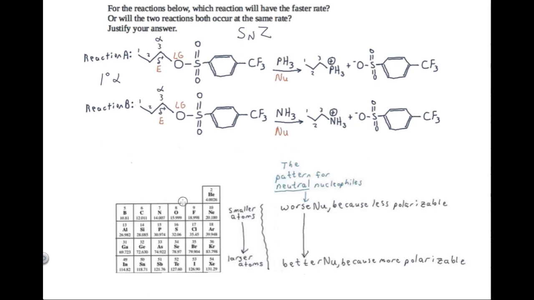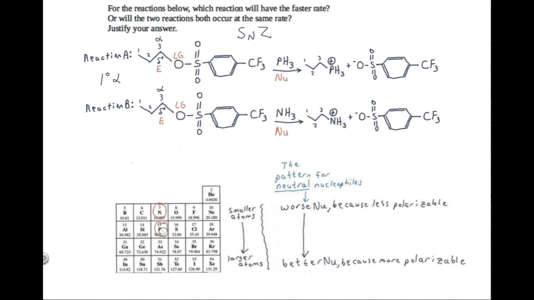Let's find nitrogen and phosphorus in our periodic table. We can see that nitrogen and phosphorus are both in the same column of the periodic table. Well, we've learned that when we're comparing neutral nucleophiles from the same column of the periodic table, nucleophile ability increases as you move down the periodic table.